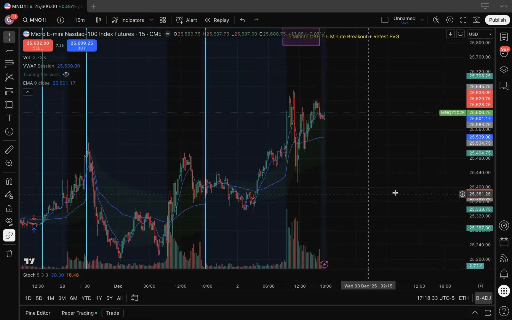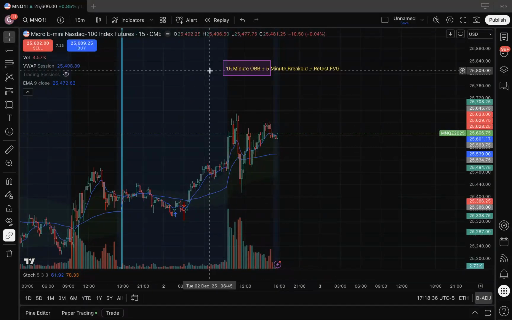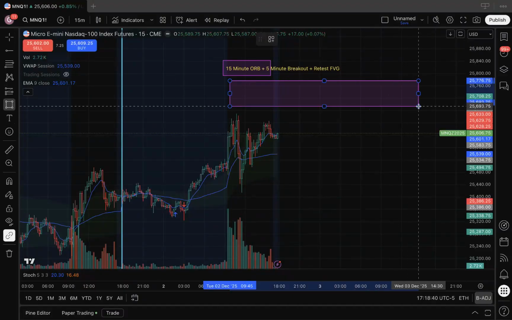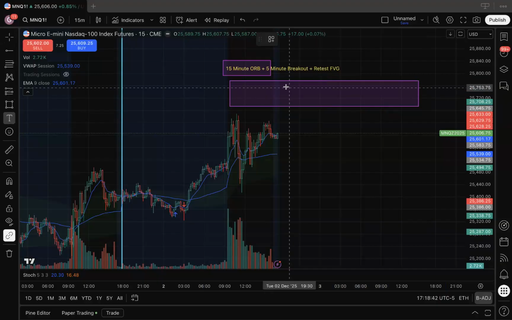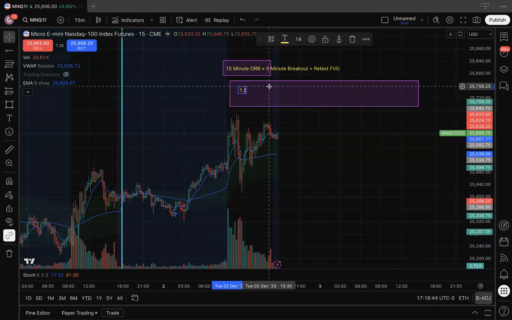So this is today, right? There are some steps that I look to here that I will put in here so we can look at those. Let's see. So what I would do is step one, I would mark out the highs and lows from the opening 15-minute range.